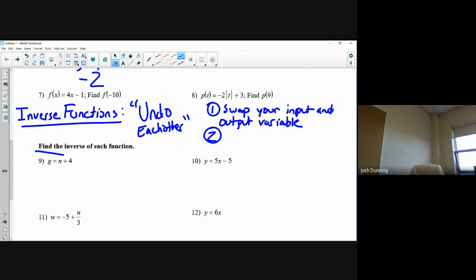I'll show you what it means in a minute. Then solve for the output. Now the last step is put a little -1. It looks like an exponent, but it's not really. It just means inverse.